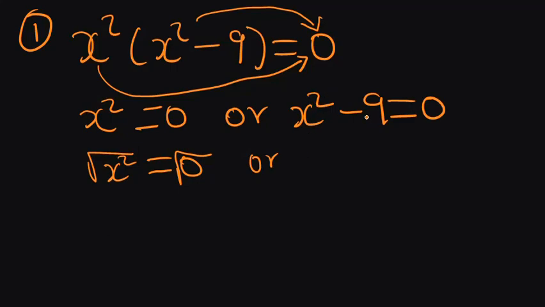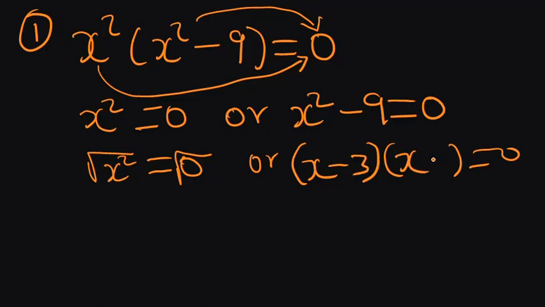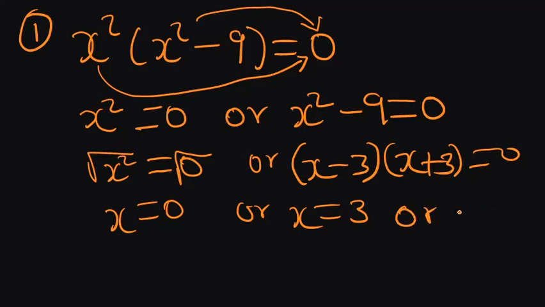But let us factorize the difference of two squares by opening the brackets equal to 0 and putting factors. The factors are going to be x minus 3 and x plus 3. Then x is equal to 0, or x is equal to 3, or x is equal to -3. Right, we are done with number 1.